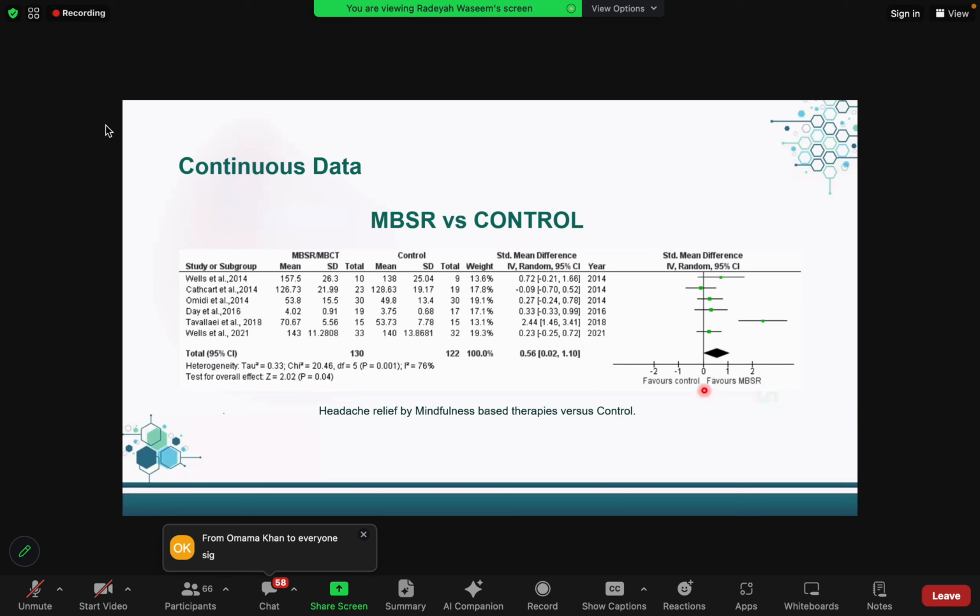It's just that we have zoomed out, and that is why we think it is touching the line, but in reality, it is not. Our p-value is less than 0.05. Again, it's very close to 0.05, which is why we think the diamond is touching the line. But nevertheless, it is less than 0.05, which means it is significant.